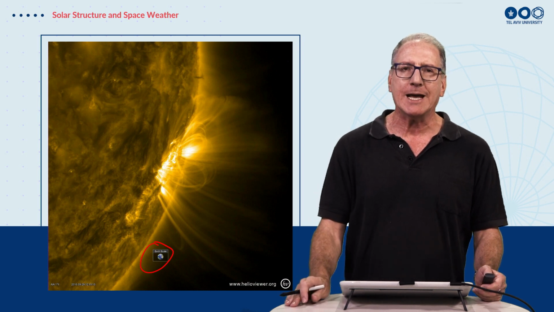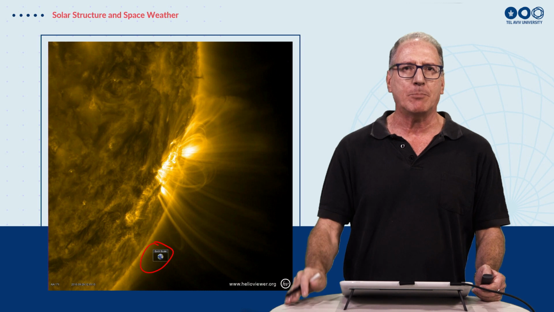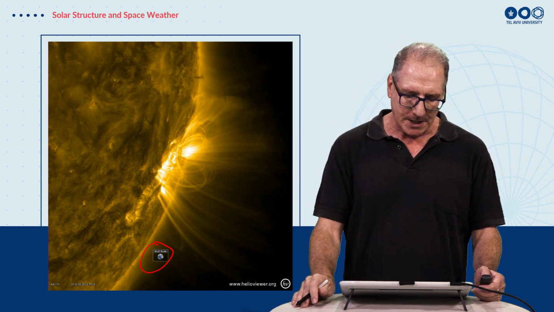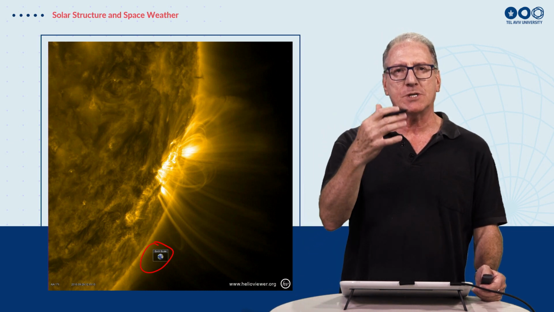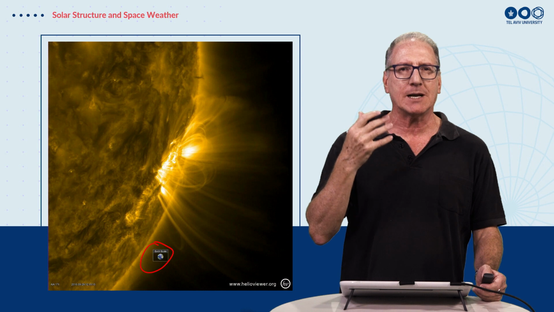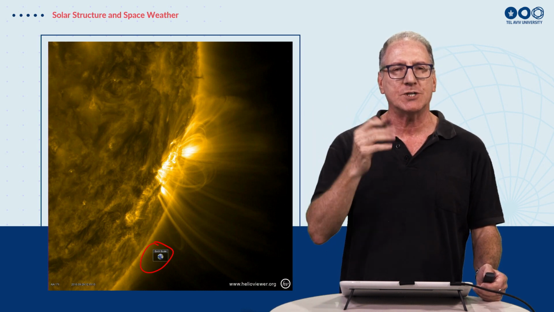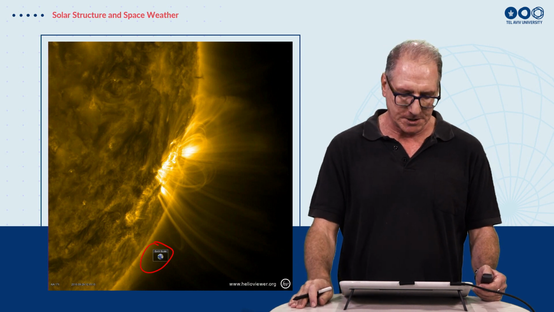And these loops in the atmosphere, again, are related to the magnetic field lines, which are popping out of the surface of the sun, and these charged particles are going up into the atmosphere. The only reason we can see these loops is because these charged particles are scattering the sunlight, which is going back to the Earth, to our cameras, so that we can see these features because of the scattering of the sunlight off these particles.